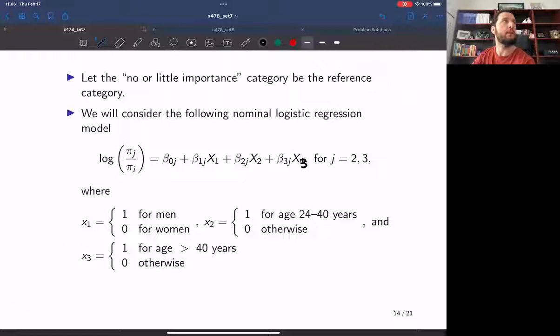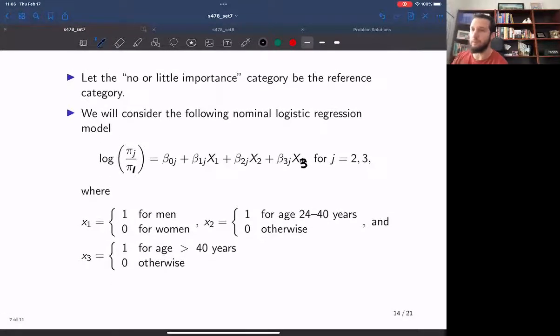The model, which we learned how to fit yesterday in R, is given on slide 14. This I here should be a 1. Okay, so that's pi 1. So what this model is showing us is the log odds of a person being in the jth category. So when j is equal to 2, this would be important. And when j is equal to 3, this would be very important, with respect to no/little importance.